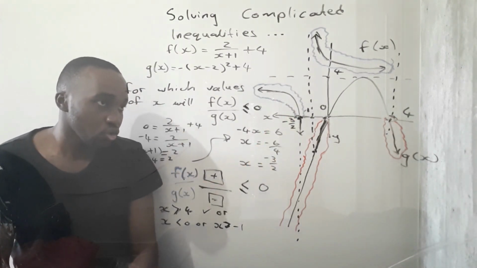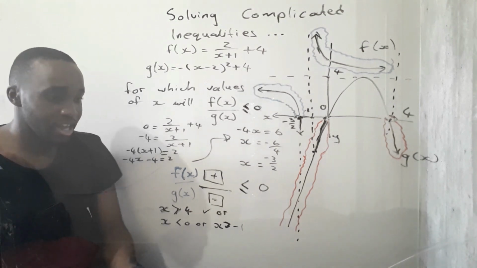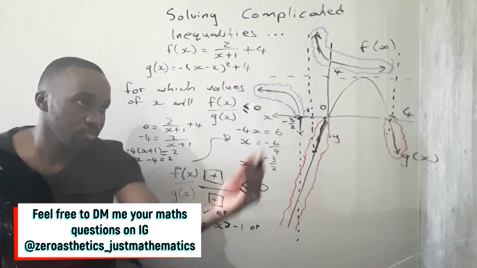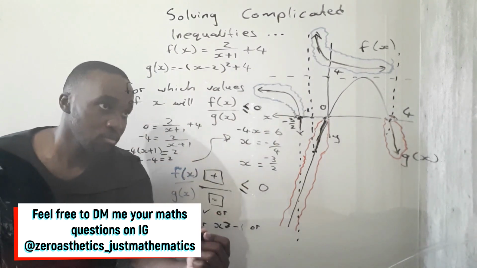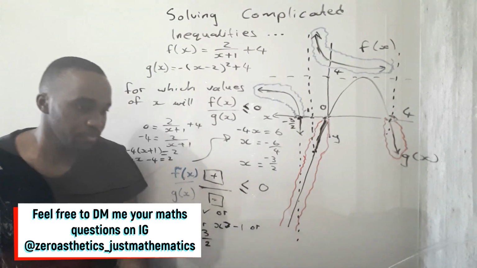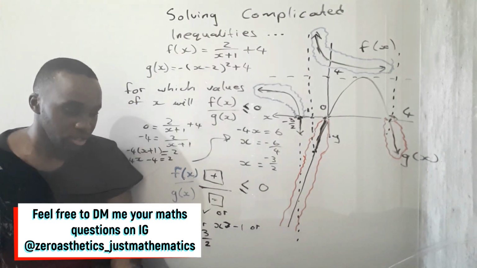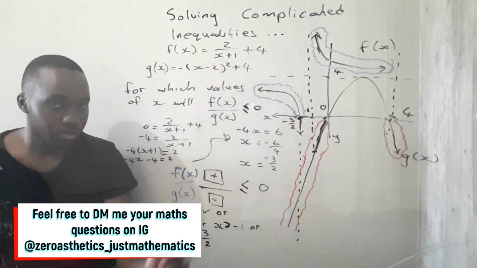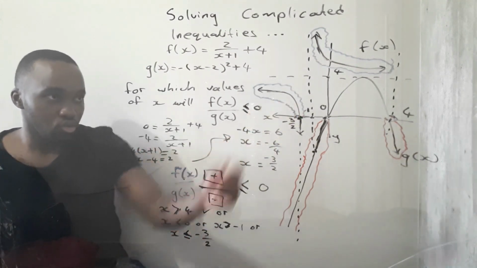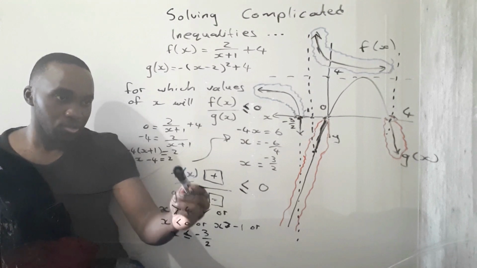In terms of adding that to our answers, you basically just have x needs to be smaller than or equal to negative 3 over 2. I'll explain why we have put smaller or equal to negative 3 over 2. Firstly, at negative 3 over 2, the graph of F is equal to 0.